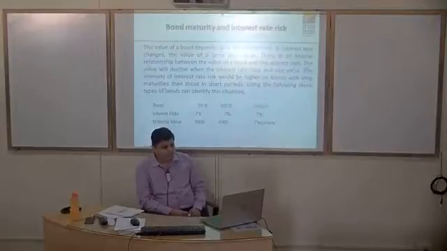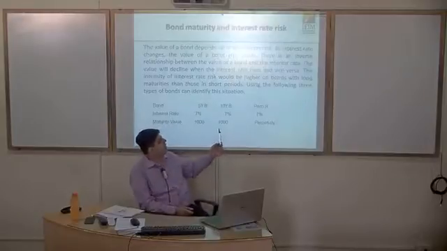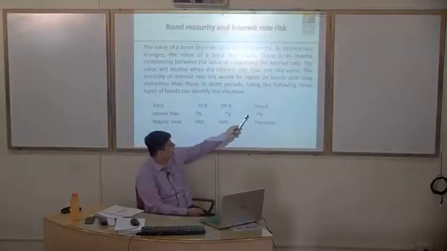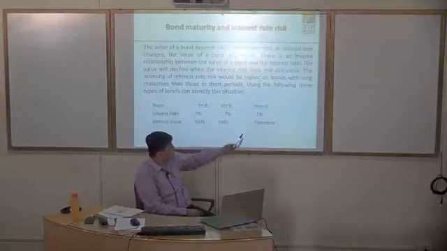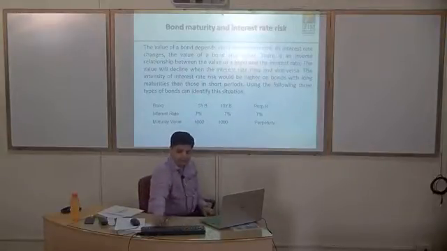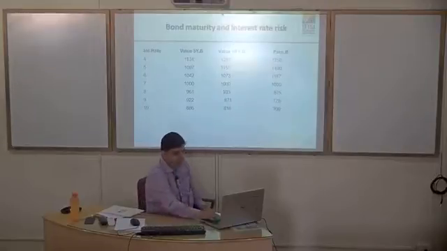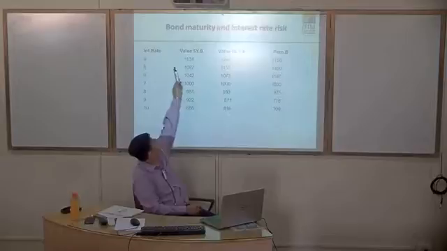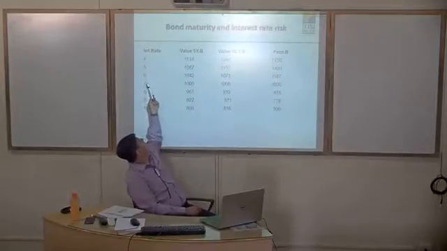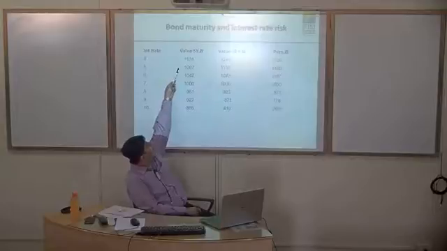Using the following 3 types of bonds, we can identify the situation. So this is an example: 5-year bond, 10-year bond, perpetual bond, 7% interest rate, maturity value 1,000 and perpetuity. If you look at the table, for every change in the interest rate, you can look at the changes in value.